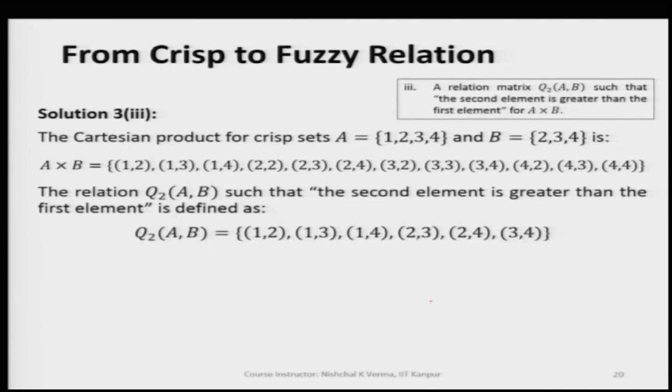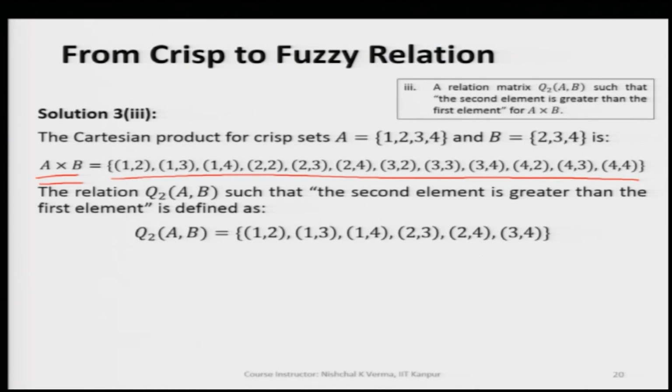Next, we apply the second condition that was given, and this relation set is represented by Q2 A comma B. We already have the Cartesian product of set A and B, and now we look for the pairs which satisfy this condition.